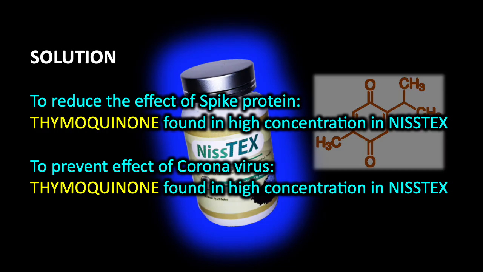To prevent the effect of the coronavirus, okay, if during COVID, if you have the coronavirus, you take thymoquinone or you take Nisstex. Nisstex will prevent the infection from proceeding into more serious disease. Okay, the infection will be addressed or will be minimized or will not give you very serious problems because the thymoquinone will block the ACE2 receptor, and the spike protein will not be able to exert its effect effectively.